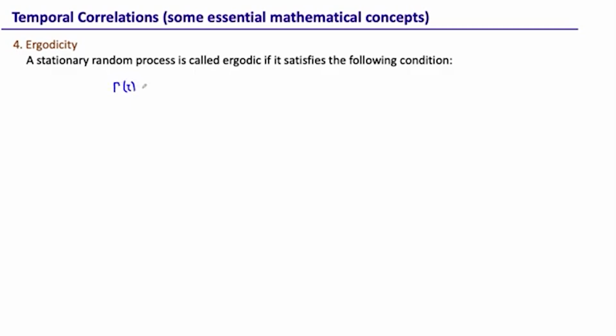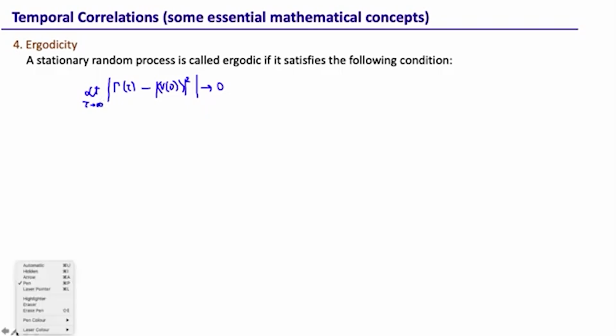So if gamma of tau minus the mean of the random signal, and the square of it, in fact we take the absolute value squared, goes to 0 in the limit tau going to infinity, then it is called an ergodic process.